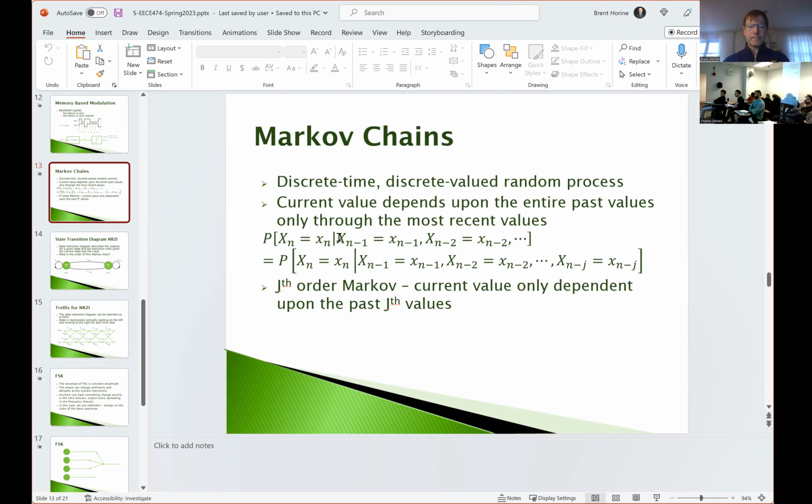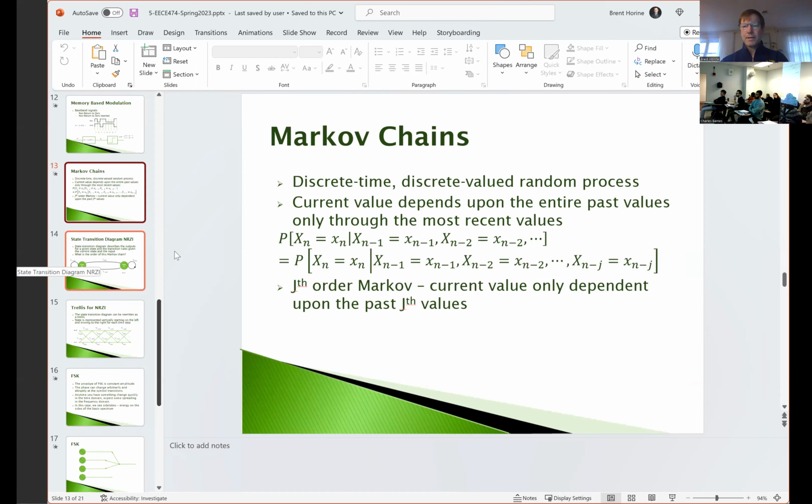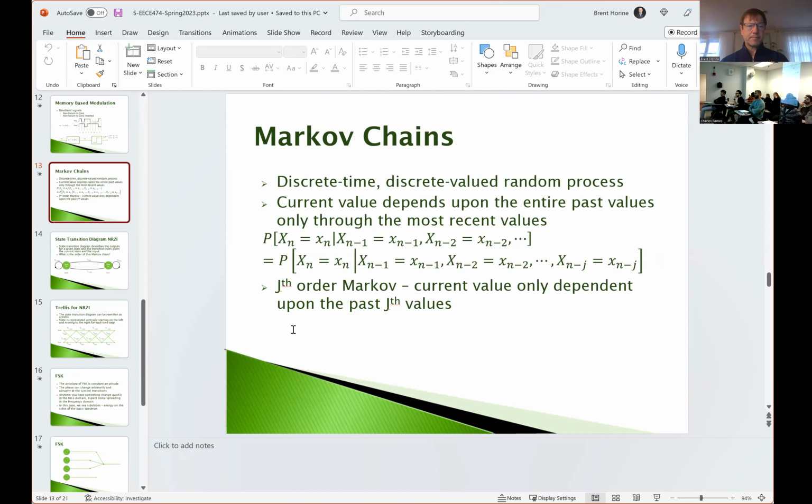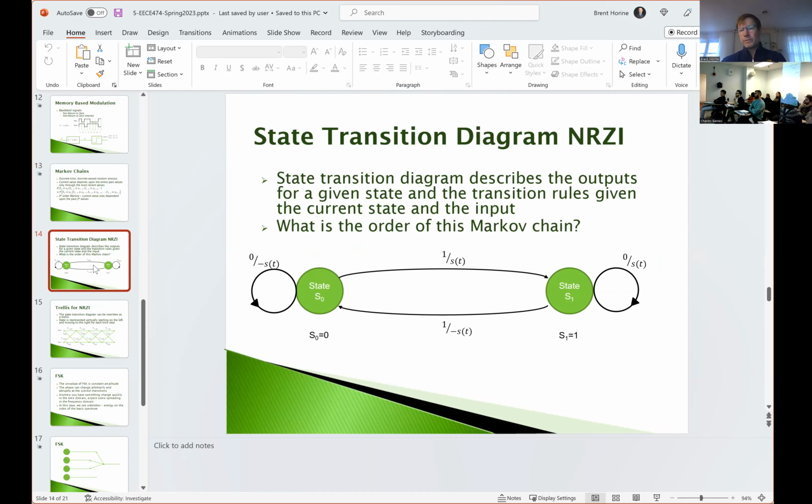So now we have the idea we can model this with Markov chains. We just kind of talked about these in a bit of an abstract way, but we know that we can model these. Now we have different states that we can exist in, and we can be in state S0 or state S1, and we transition between these states.